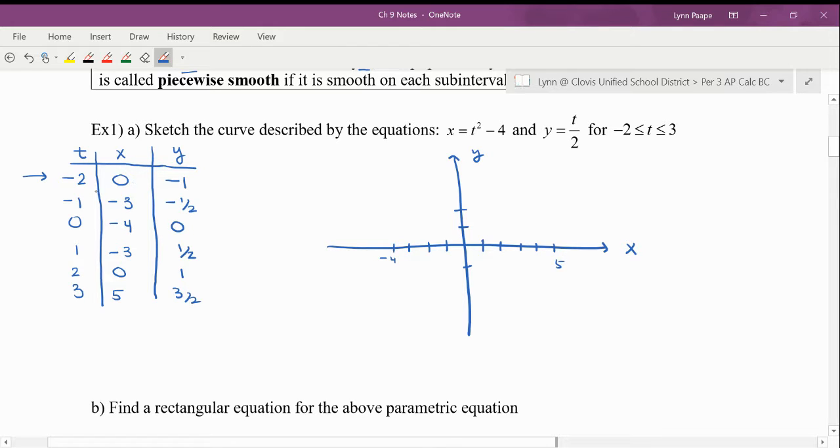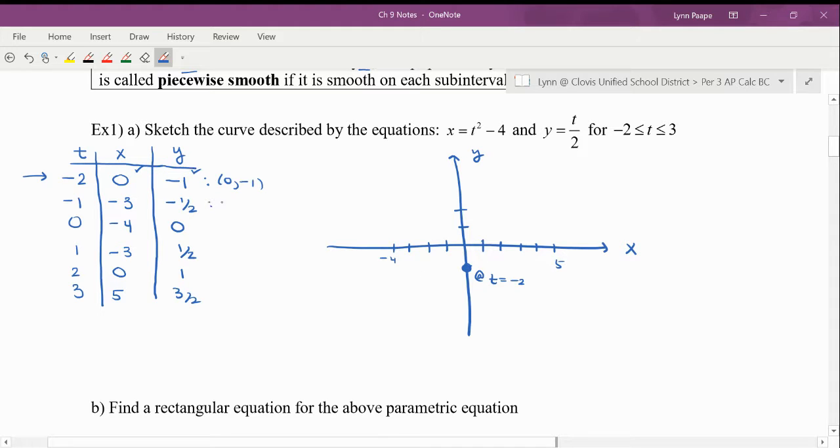In this case, t would not be time because I have -2, but we'll stick with that. Okay, so I'm going to graph the ordered pair 0, -1, because there is my x and there's my y. So I'm going to go over 0 and then down 1, and that is my starting point, right? In this particular moment, because t started at -2, this would be at t equals -2. So that is the start.